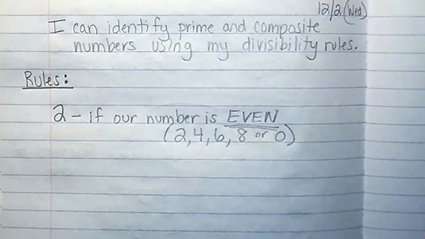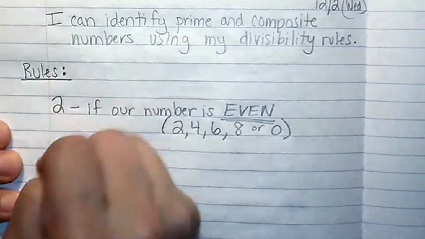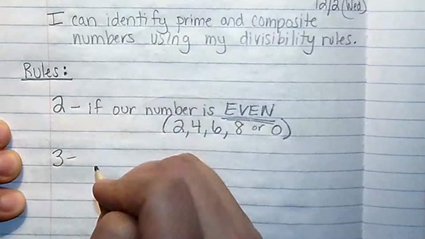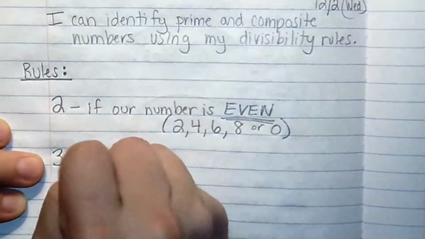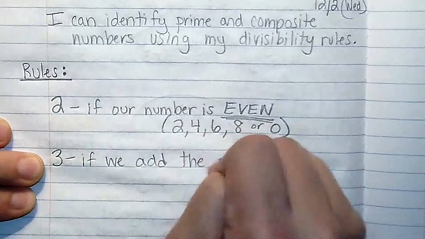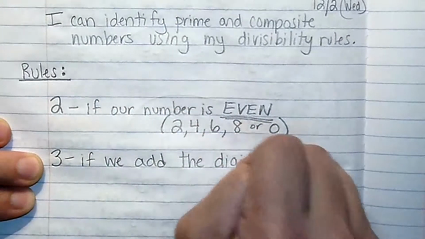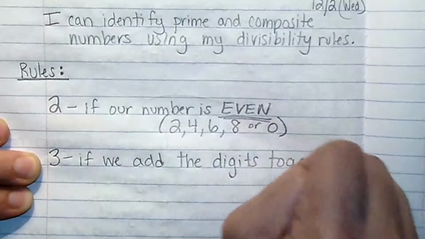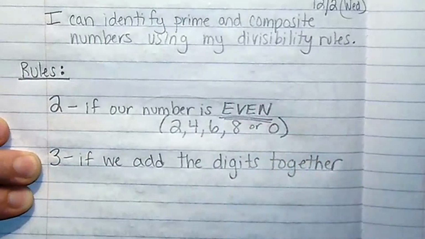Okay. 3 is a factor if we add the digits together. So you have to add the digits together all the way until you get a 1-digit number.